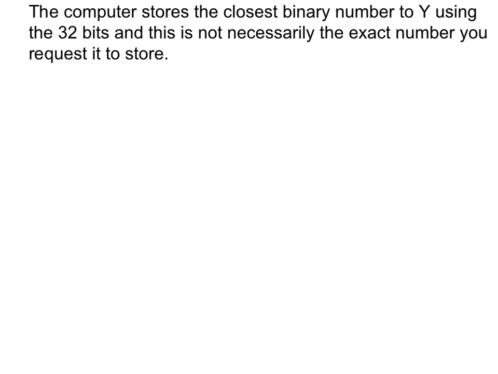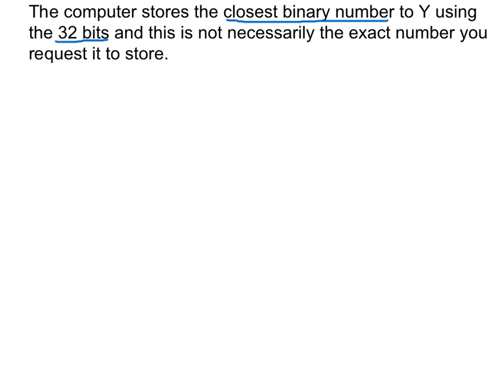The computer is a finite machine, and it's limited by, in particular, the storage space that it has to allocate for each task. In this case, it allocated 32 bits to storing this number. So what it does is store the closest binary number to y using the 32 bits it has allocated to the task.